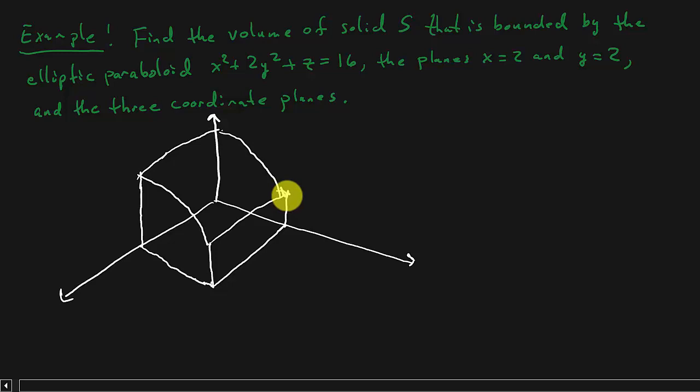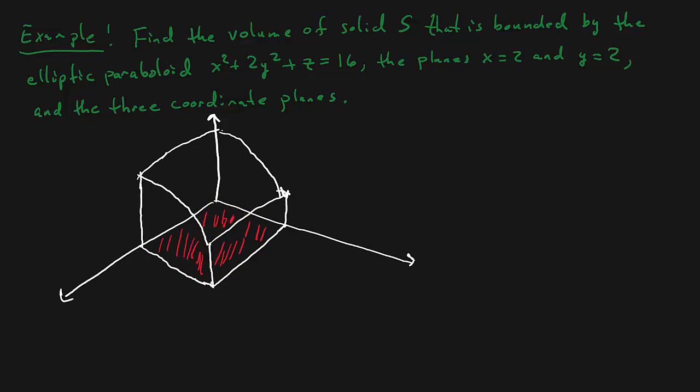So you would have the elliptic paraboloid, and then your planes here, intersecting that and the 3 coordinate planes. So you're looking at your rectangle right here. See, there's your rectangle.